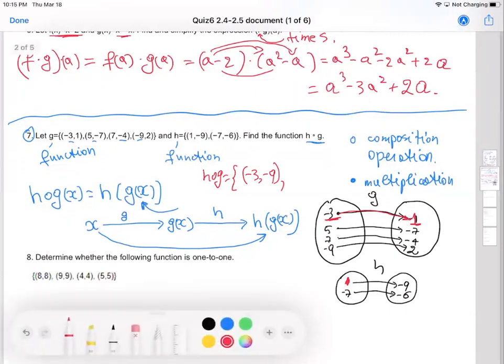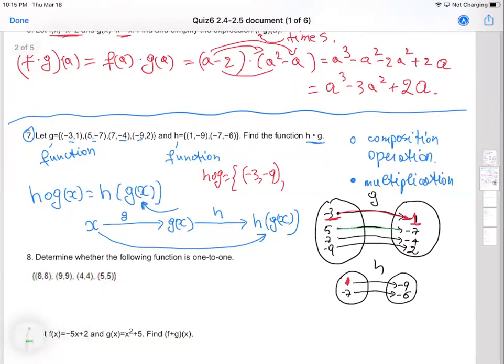And we're going to do this starting for all the inputs of g. So 5. 5 maps to -7, and h takes -7 to -6. So the other ordered pair is 5, -6.